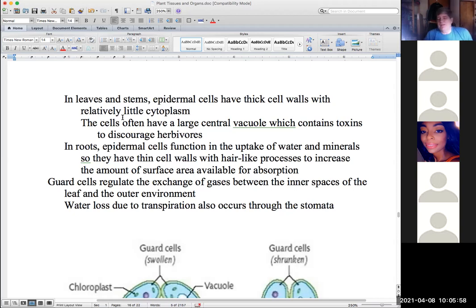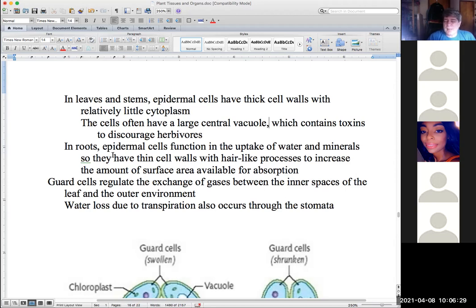A lot of times they have a big central vacuole, and the central vacuole contains different toxins that poison, especially insects. That's the main thing that eats plants. They don't have any chloroplasts. So remember what we said before, the purpose of the epidermis is to protect the tissue underneath. So it's not really to carry out photosynthesis.